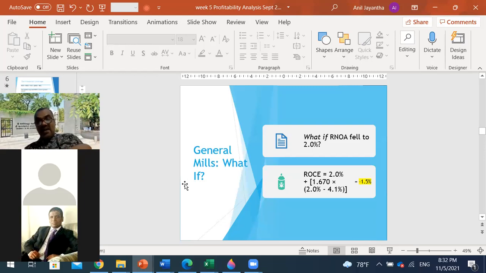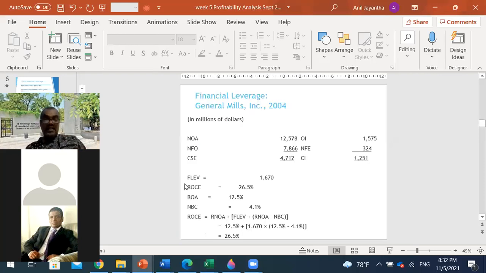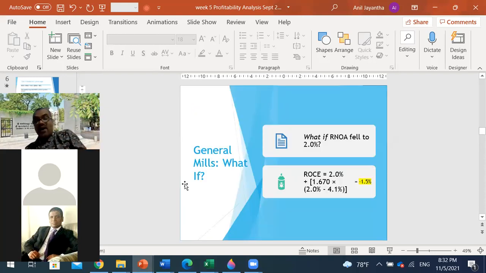ROCE had the same repercussion in the negative way. ROCE is well below return on net operating asset. In the previous case, it was very high, greater than the return on net operating asset. Now ROCE becomes even negative because of negative spread.